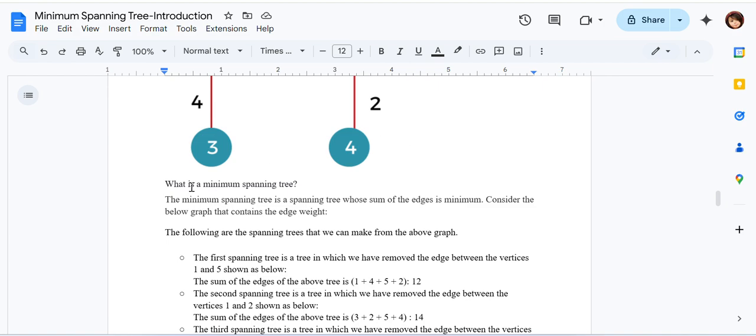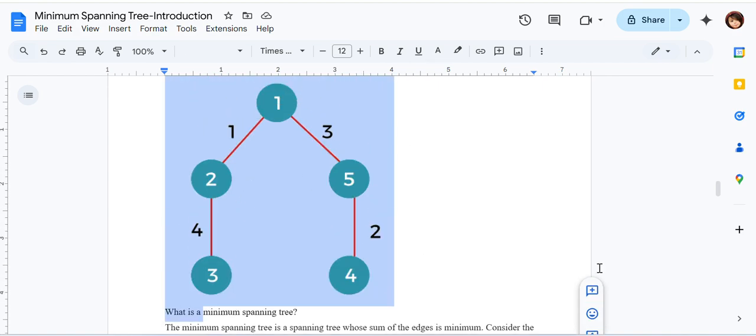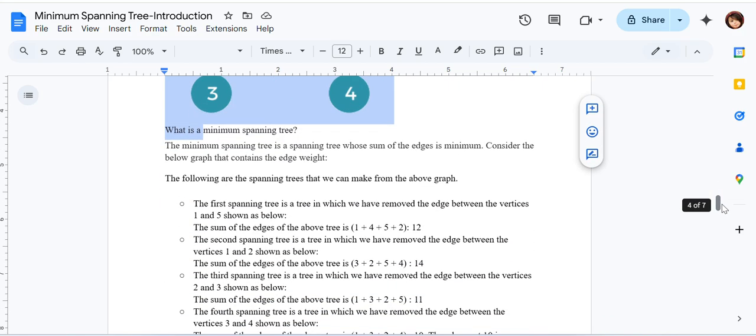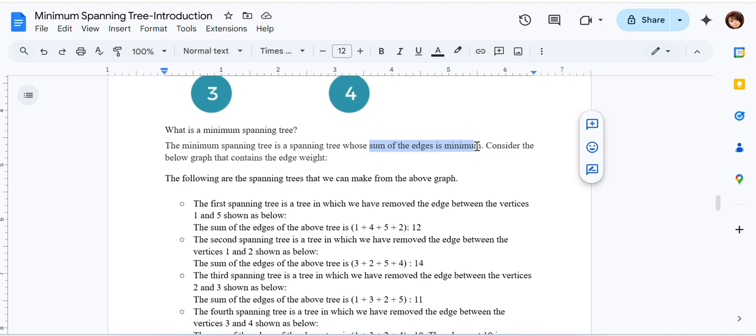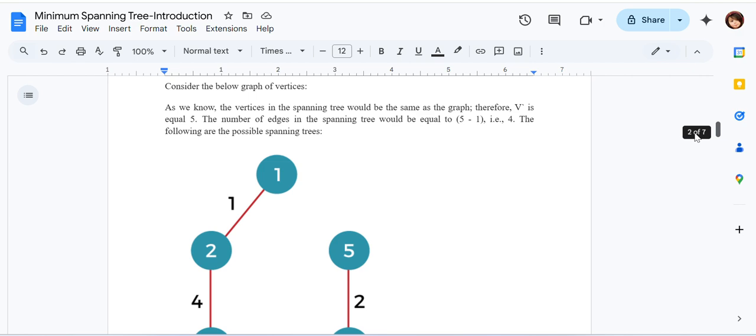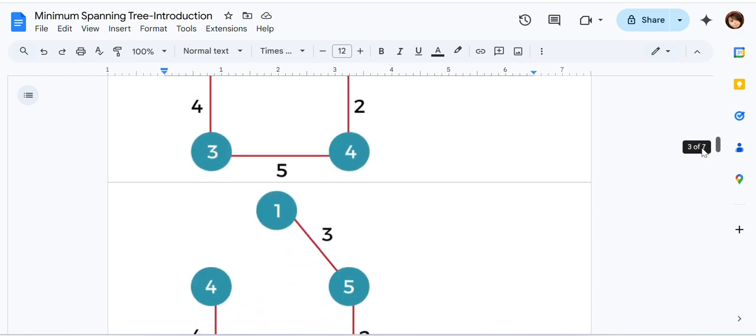Then what is a minimum spanning tree? We have a number of possible spanning trees for a given graph, but when working with the minimum spanning tree, we want the one where the sum of edge weights is minimum. Here we have 4 to 5 possible spanning trees.